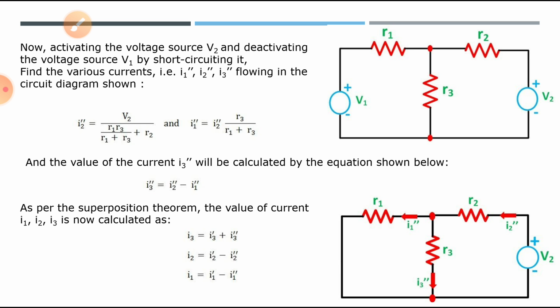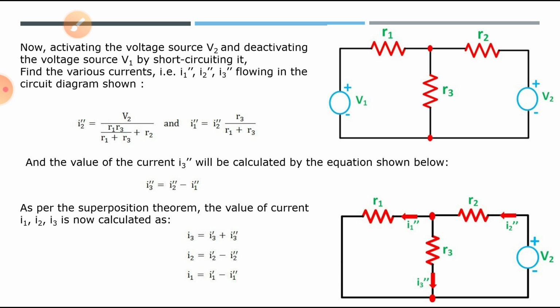Now, if I want to know what the I2 current is, you can see I2 dash is in one direction, and while applying V2 it goes in the opposite direction.